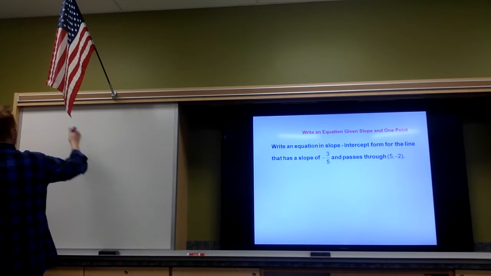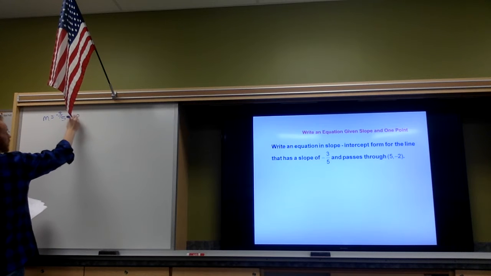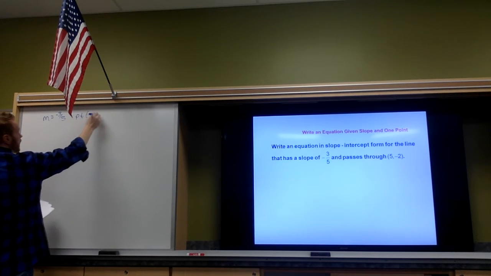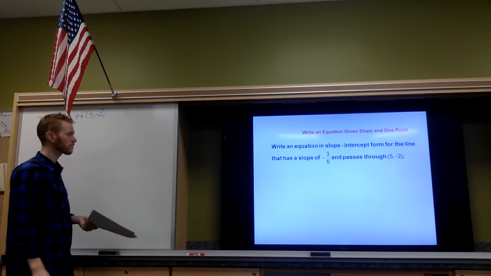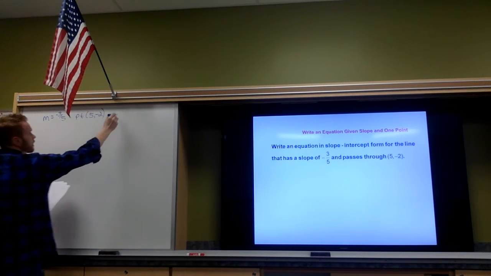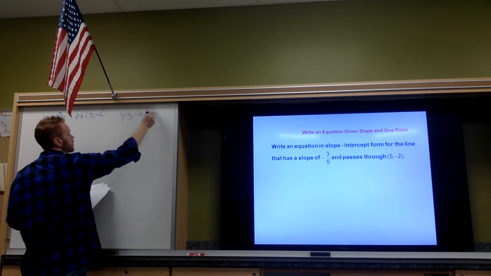So for the first part, we have a slope of -3/5, and we have a point of (5, -2). I'll write the equation over here so we have a reference to it.